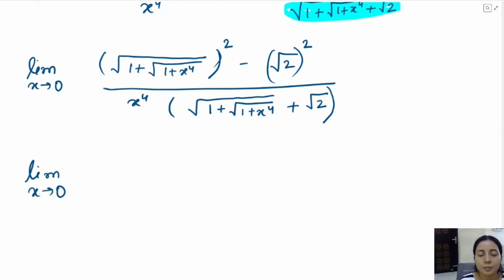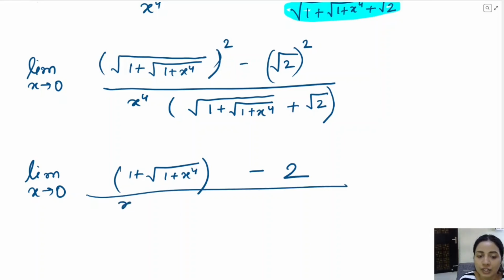So after doing the multiplication, in the numerator we are getting a square minus b square, and the denominator will remain the same. After doing the squaring, only the bigger root will vanish, and we will be having 1 plus, the smaller root will remain as it is, 1 plus x to the power 4, and minus 2. The denominator we will copy paste as it is.